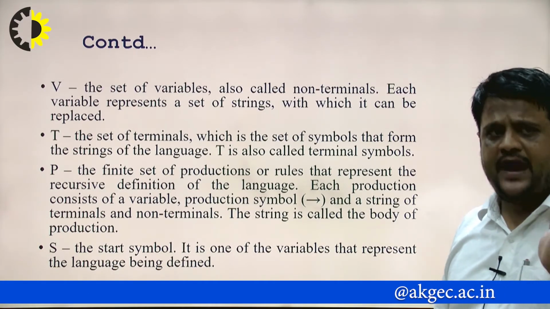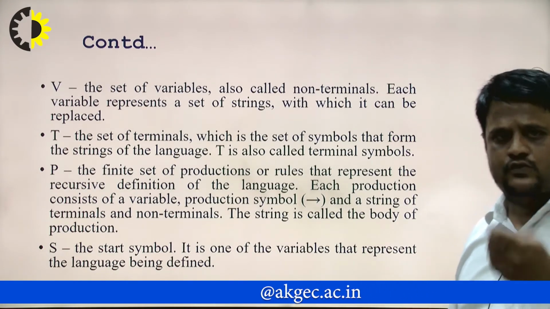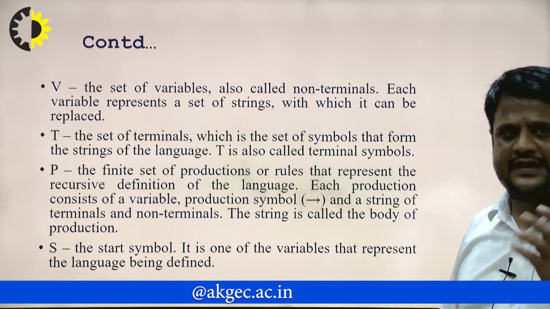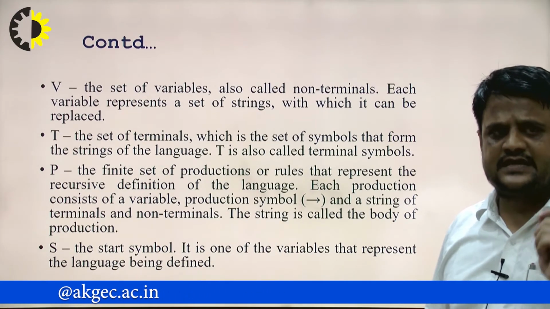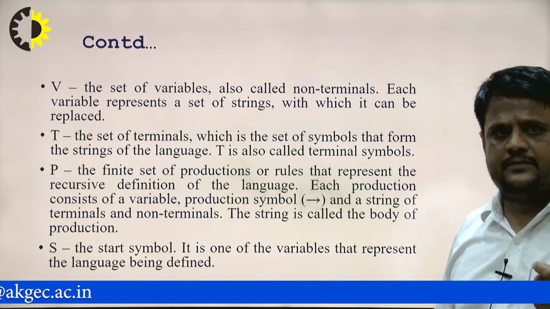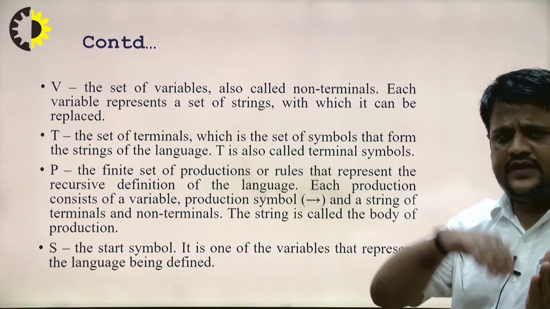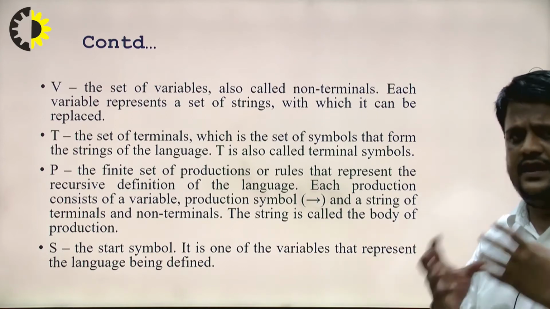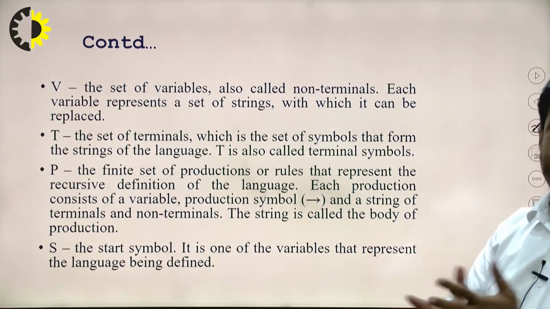P is a finite set of productions, or production rules, that represent the recursive definition of a language. Each production consists of a variable, in case of a CFG, on the left-hand side, and on the right-hand side it contains a string of variables as well as terminals, including lambda.